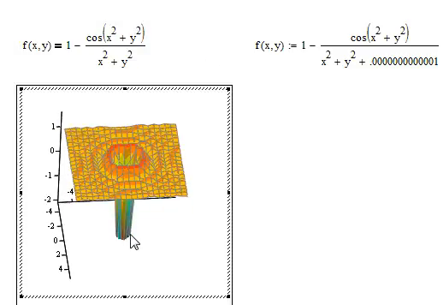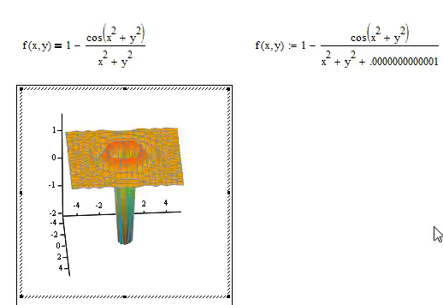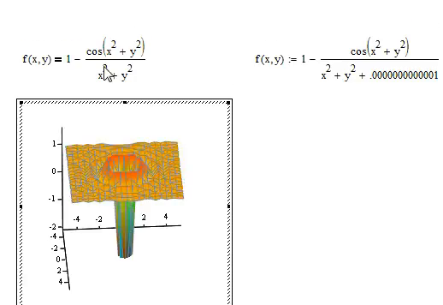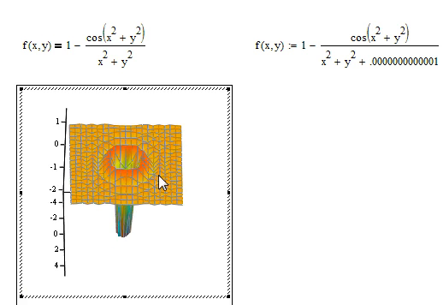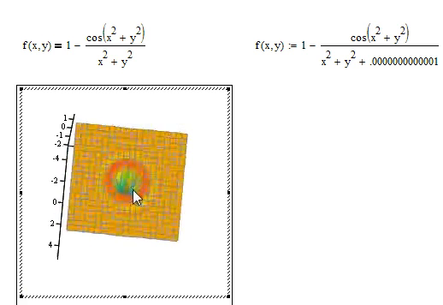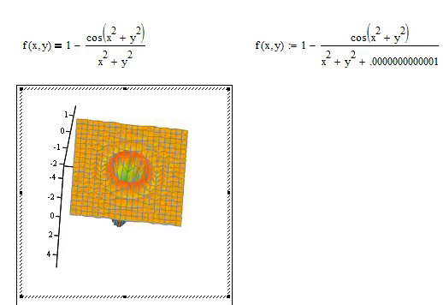That's why it is behaving like it does. So certainly we could probably say the limit of this exists and is negative infinity on any path to the origin.